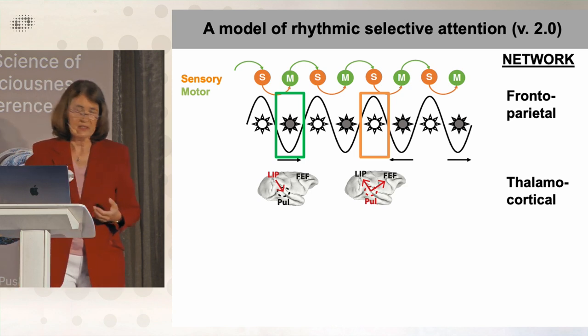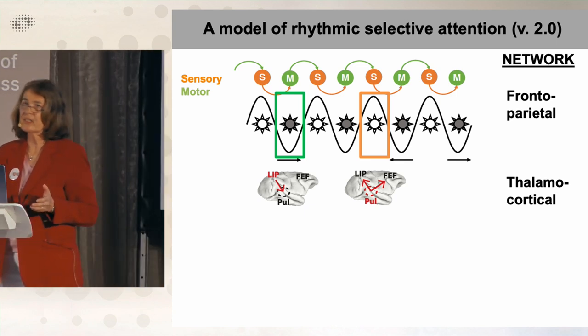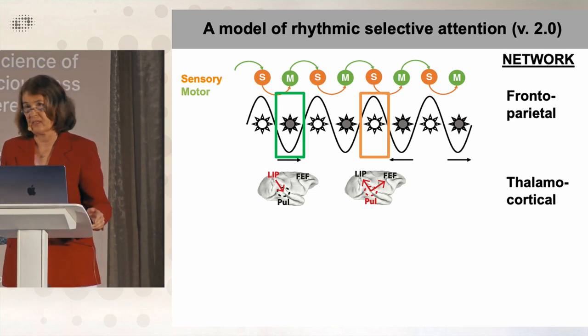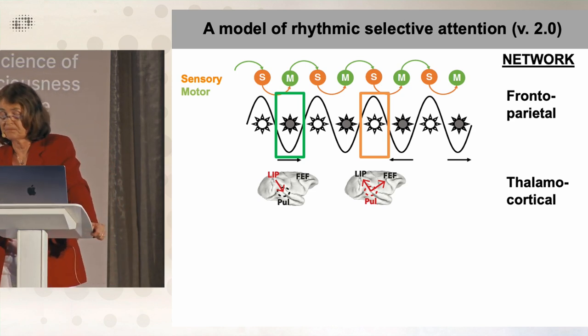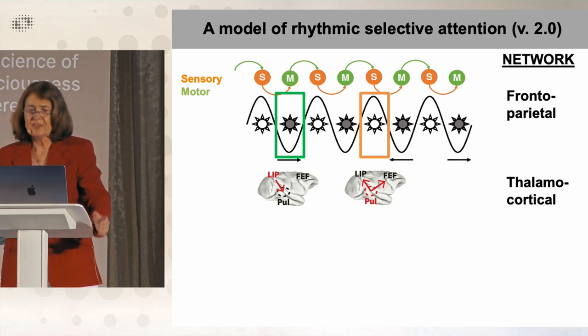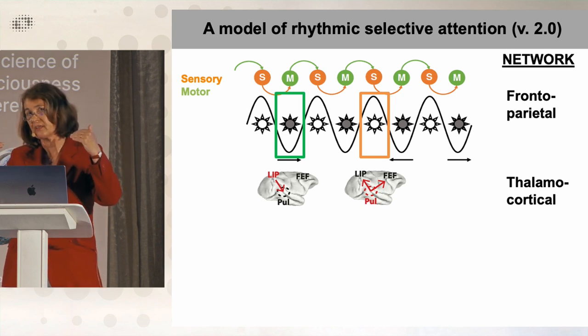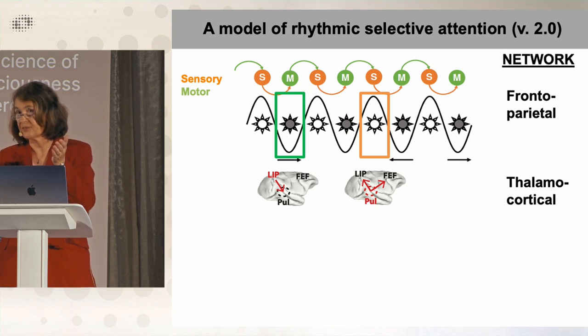If you think about attention function, it is the most basic cognitive function. You cannot do cognitively anything, I think, without attention function. Or not much, at least. Let's just not be too drastic here. And so you bring in this attention network to do other cognition, and this comes with this theta rhythm.